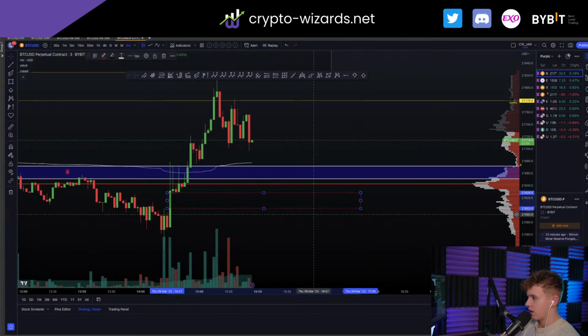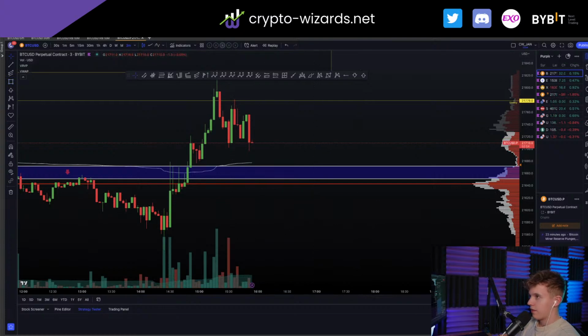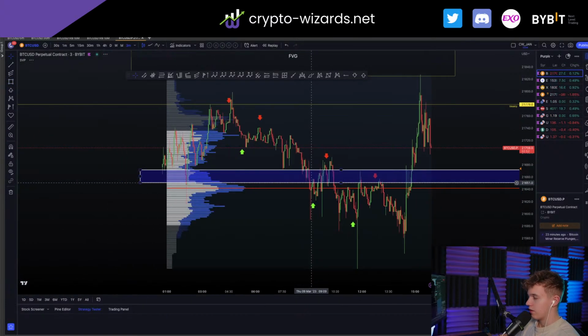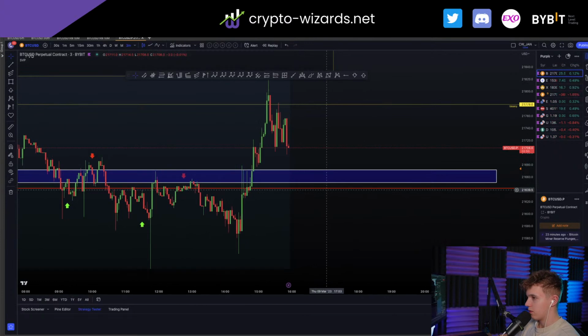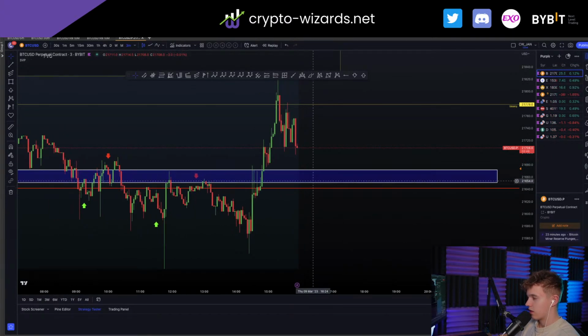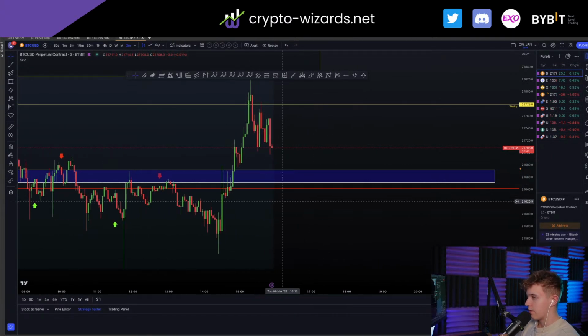It's quite far away. I think that there is also a daily POC on this level, a little bit below this box. So I need to get in somewhere around this zone. I'm not presetting a limit. I've been thinking about getting in with a limit, but I'll wait for the reaction. It's going to be easier.